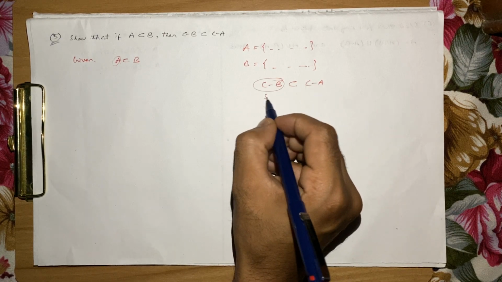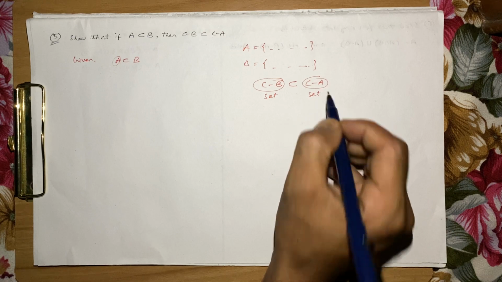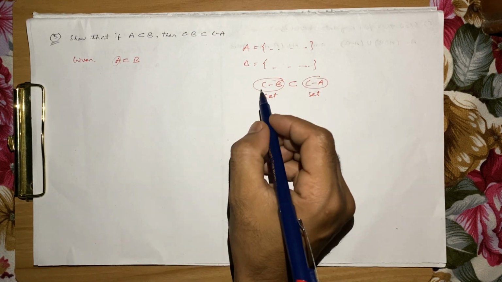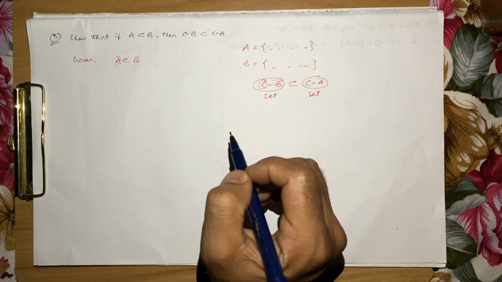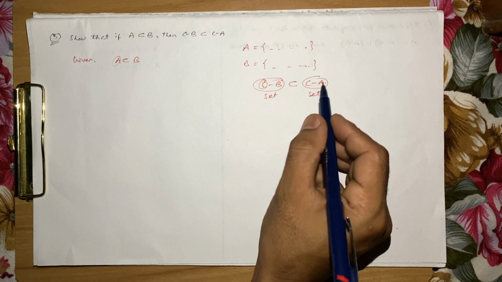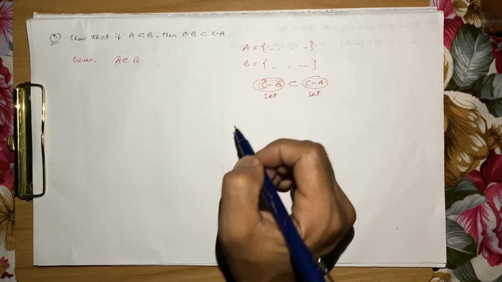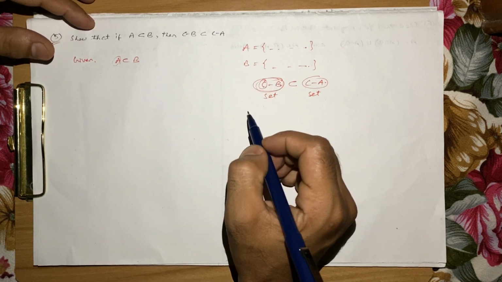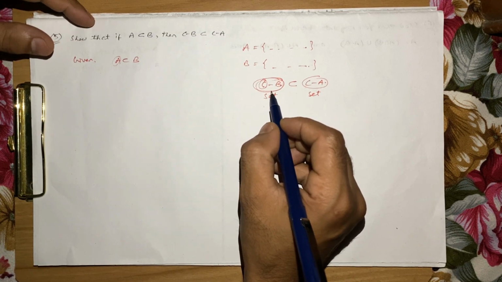Now this is a set, and this is also a set, okay, because C minus B is a set, or it's a collection of the elements that purely belong to the set C. This also purely belongs to the set C, not to the set A. This purely belongs to the set C and not to the set B. So if we need to prove this subset, I'll take one element from this set, or let's say there is an element X in this set.